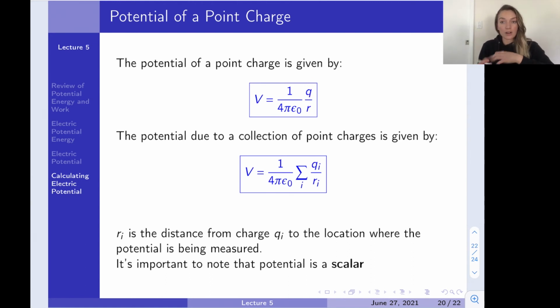So if you have a point charge anywhere in space, there'll be a potential function associated with it. And potential adds just like potential energy did: if we have a collection of point charges, we can find the potential energy per unit charge by adding up all of the individual potentials.